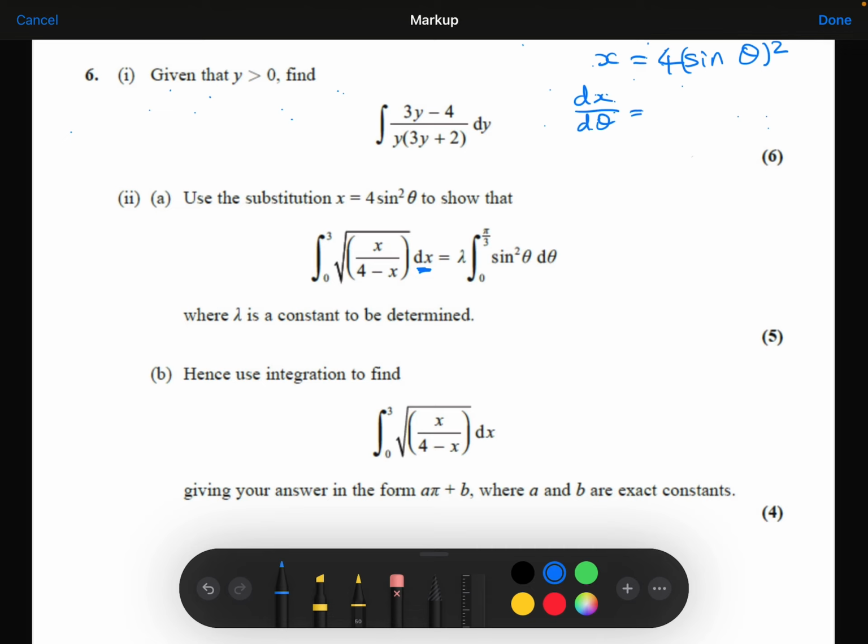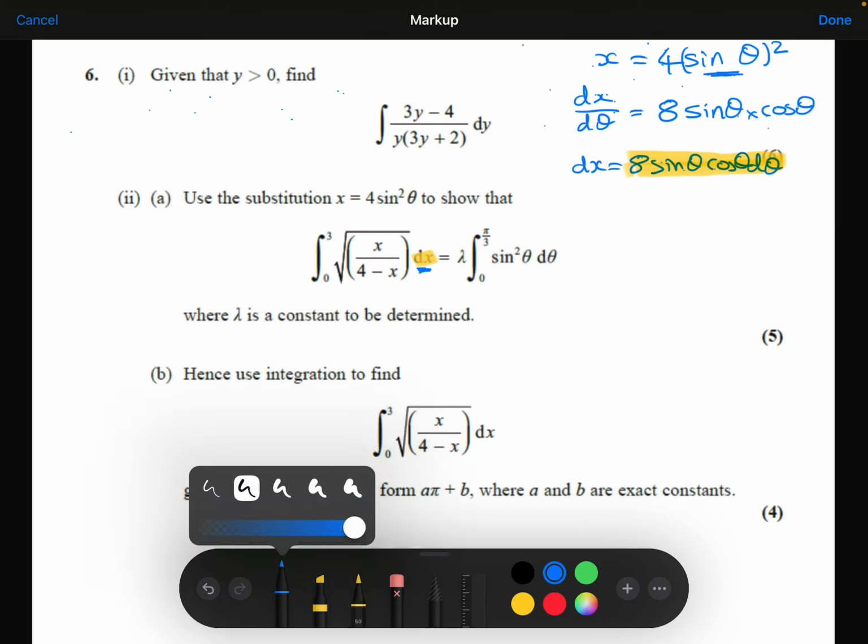So differentiating the squared function first, that's the outside function, I get 8 times sine theta. The power now is just 1. But by the chain rule, I need to multiply by the derivative of the inside function. The derivative of sine is cos. So this is my dx by d theta. So therefore dx is equal to 8 sine theta cos theta d theta. So this is going to get replaced instead of the dx there.